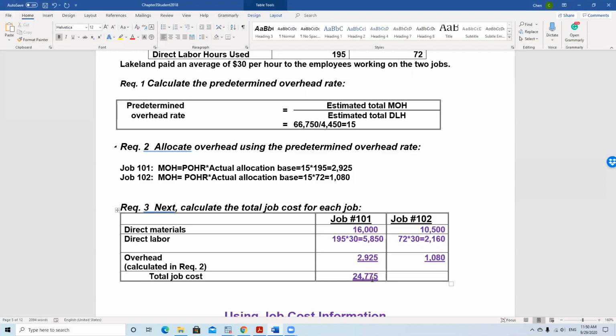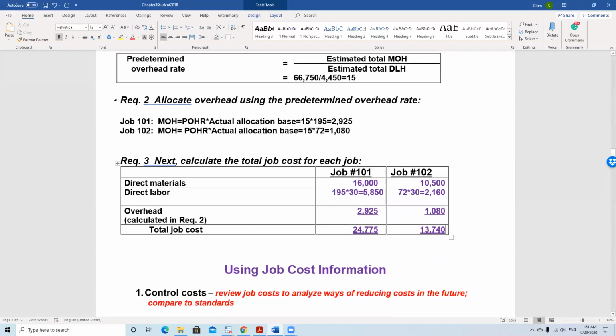And then for this one, plus, 13,740. So this is your total job cost for each of the job.